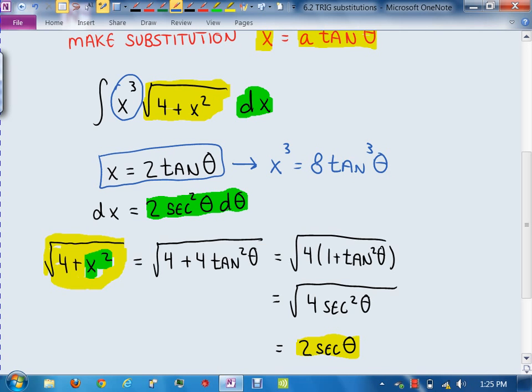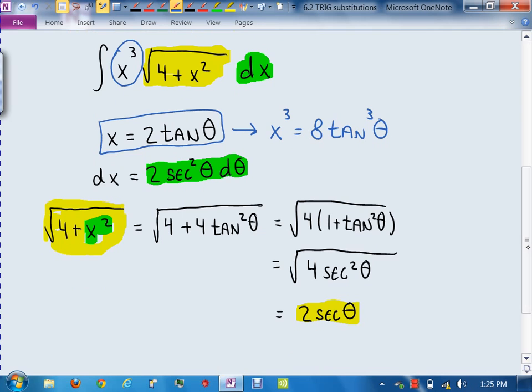All right, I'm going to rewrite the whole integral now. It'll become the integral of, what was x cubed? 8 tangent cubed theta.